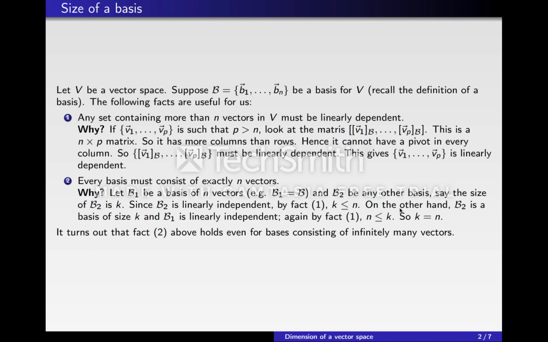And it turns out that fact 2, namely every basis must have the same number of vectors, holds for infinite dimensional vector spaces also, but we're not going to go into that.